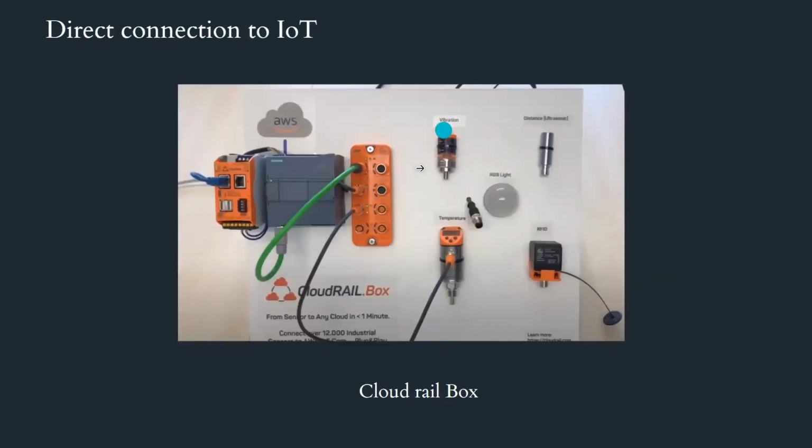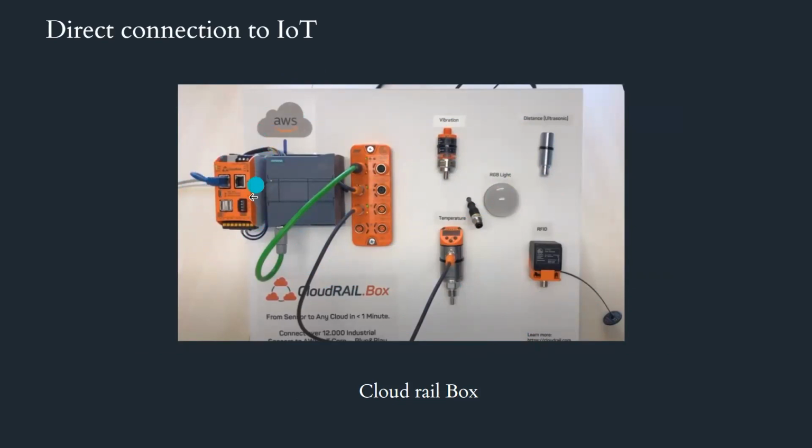So these are the sensors, as I mentioned, that we can use. We can connect the sensor data to the PLC, or else we can directly connect it to a board which connects to the cloud, right? Such components are also available.